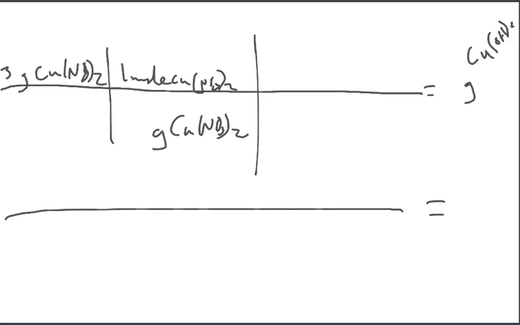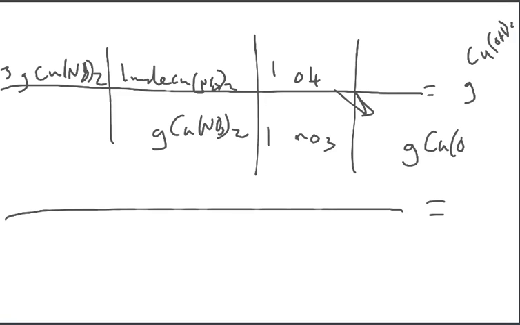Then I need to go from Cu(NO3)2, so I'm just going to put NO3 here and OH up here. Hopefully you know there's the Cu in the brackets and all that. But in front of both my coppers, I had a 1, if you remember. So it's 1 mole to 1 mole. Now, the grams of Cu(OH)2 per 1 mole Cu(OH)2.